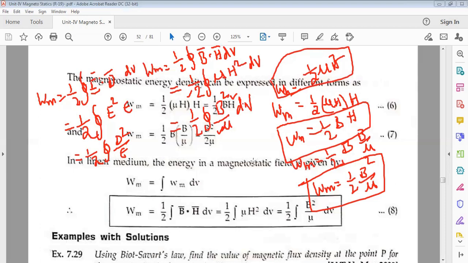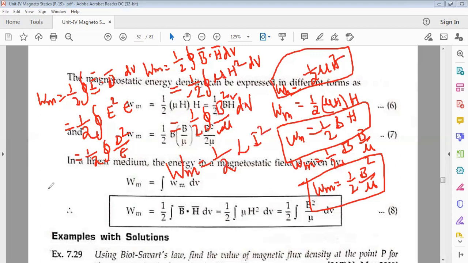It's very, very important energy stuff, magnetic energy and electric energy, in terms of E bar and D bar, and you can derive it in terms of B bar and H bar. B bar and H bar we derive by using the equation Wm is equal to 1 by 2 L I square.